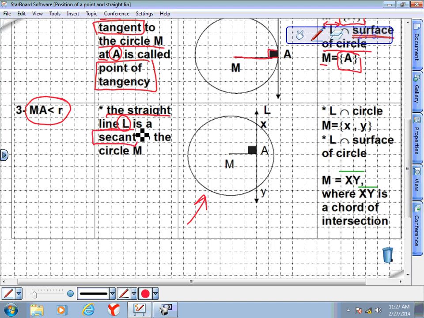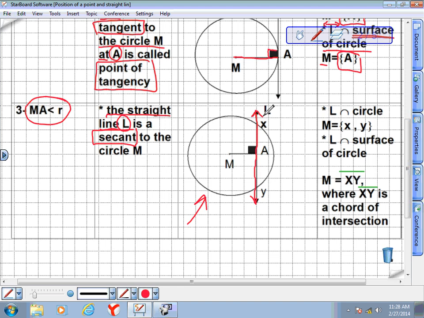This is the secant definition we have in this lesson. What is the secant to the circle M? If the straight line passes inside the circle, it will be called a secant.